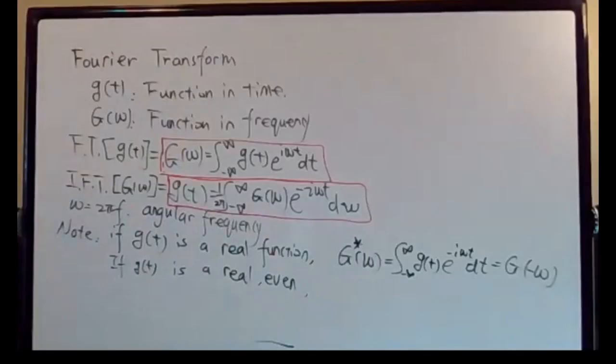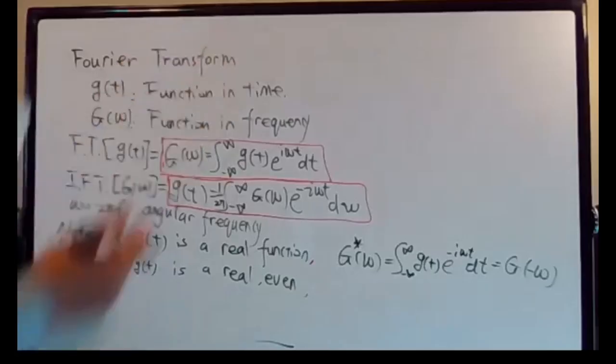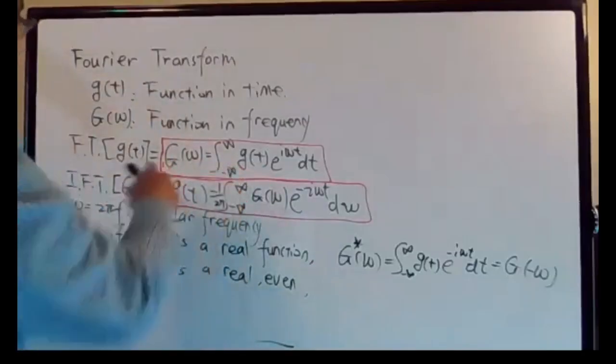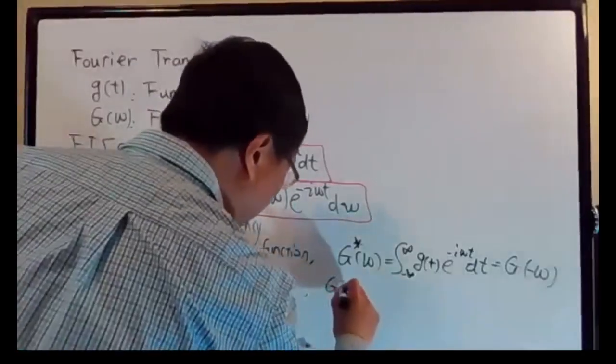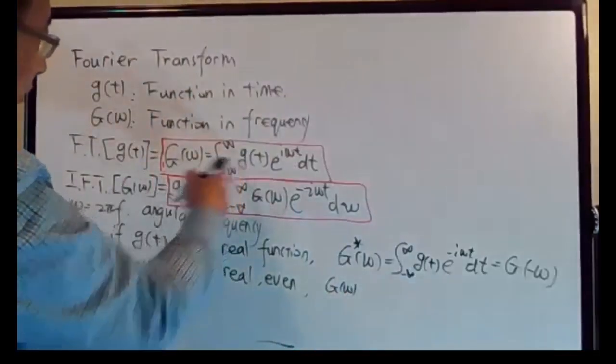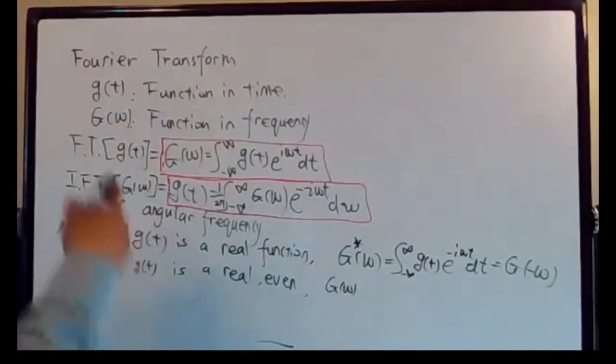So let's say if my little g(t) is a real and even function, what happens to capital G(omega)? If it's real and even, then my capital G(omega) is real and even.